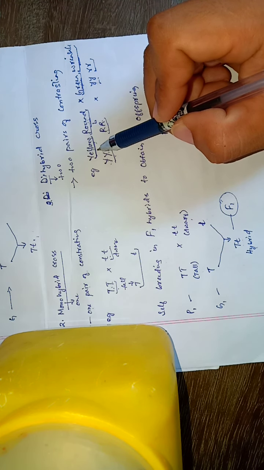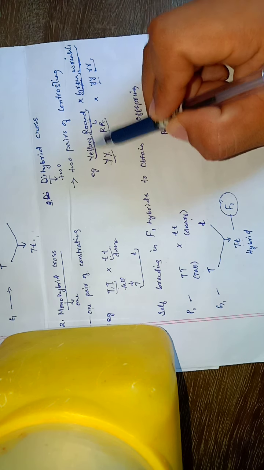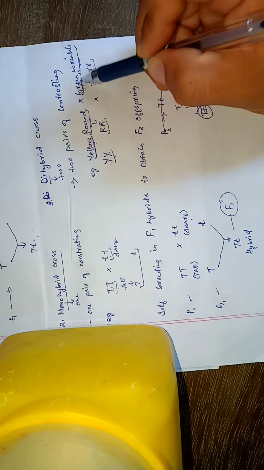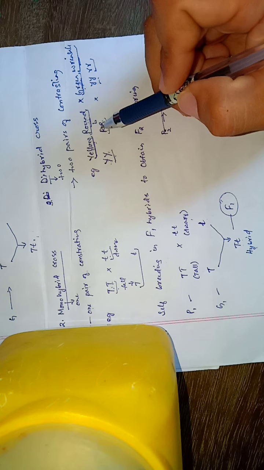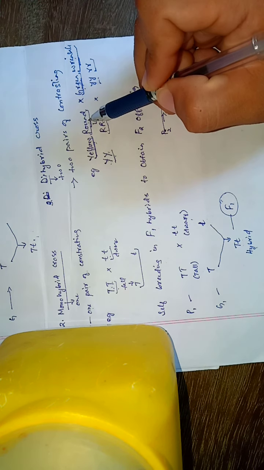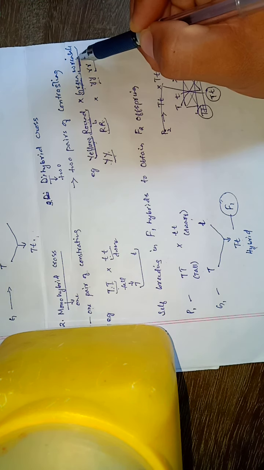For seed color he took yellow and green. Yellow is dominant and green is recessive. And for seed shape he took round and wrinkled. Round is dominant and wrinkled is recessive.